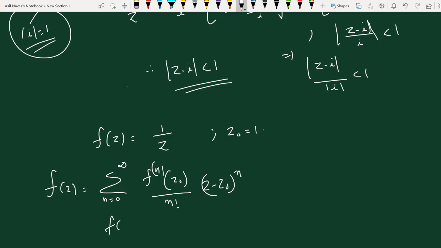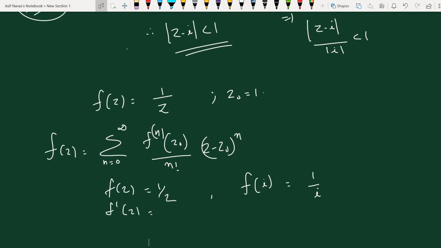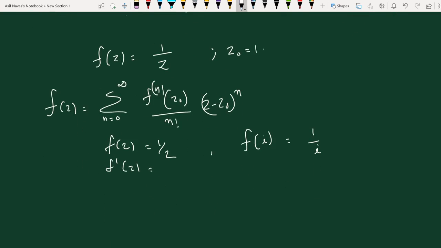So here f of z is equal to 1 by z. Then what is f of I? f of I is 1 by I. Then f dash of z is minus 1 by z square. Then f dash of I is minus 1 by I square, which is equal to 1.